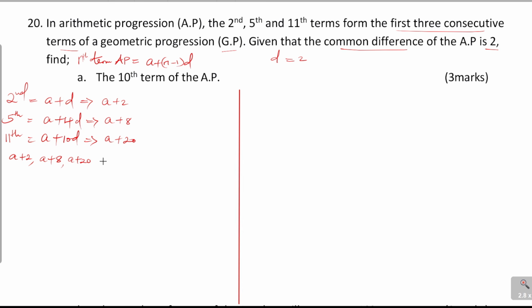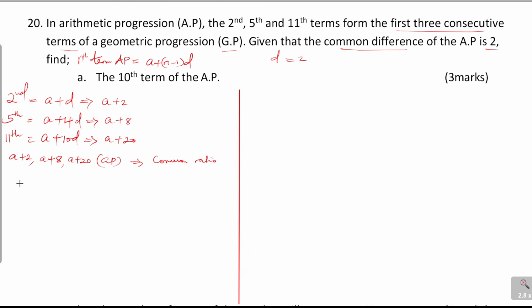Now these form the first three consecutive terms of a GP. So a plus 2, a plus 8, and a plus 20 form the first three consecutive terms. Consecutive means they follow each other. If these terms are for a GP, then it means that there is a common ratio among these three terms.